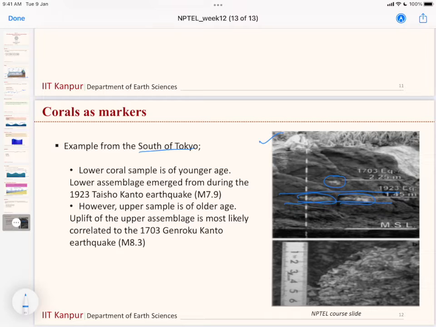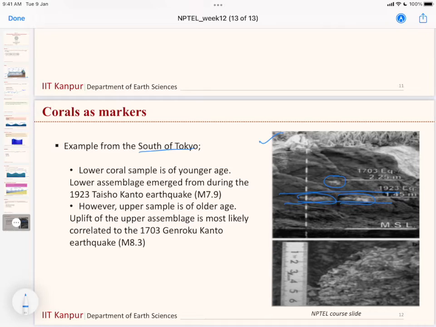So how could it happen? It could happen if there is a sudden tectonic event, because if it happened due to sea level change, then it should have a gradual progression or gradual sequence. It should follow that, but it hasn't. Now we got the anomaly that an older sample is at the upper depth and the younger sample is at the lower depth.